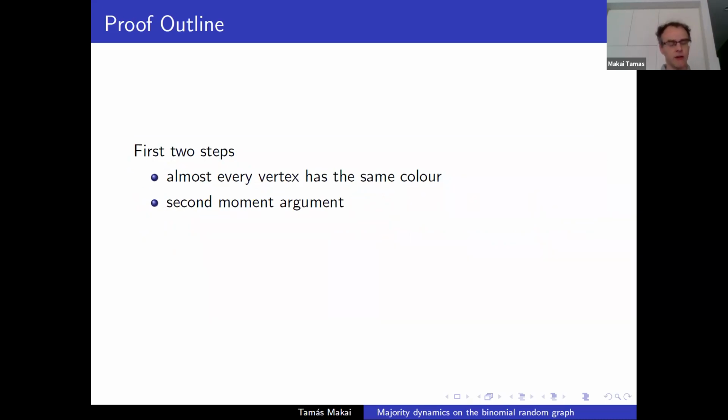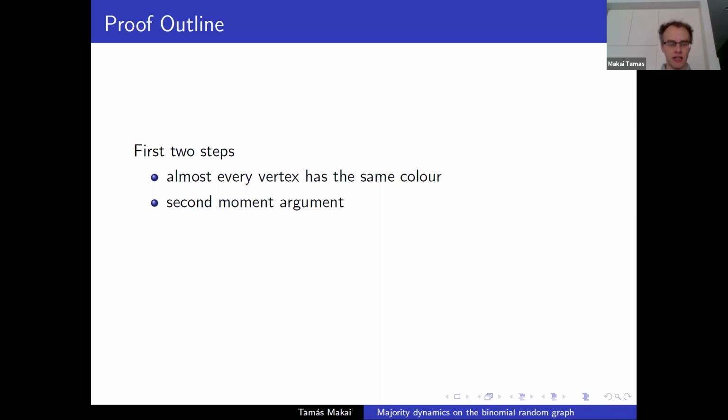In the remainder of this talk, I will try to justify why this result holds. We are going to have to analyze the 4 steps of the process. I will split the proof into 2 parts. I'll first look at the first 2 steps. This is the more difficult part, and then I look at the last 2 steps.